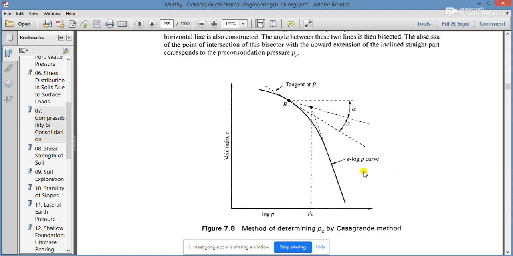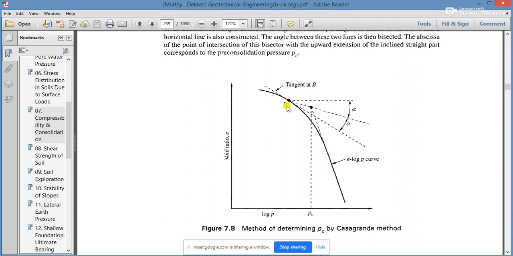The E log P curve is nothing but E, the void ratio, on the y-axis, and P, the pressure, on the x-axis, and this is the plot. One curve is there, and from this curve we can find out the pre-consolidation pressure point. That is important.